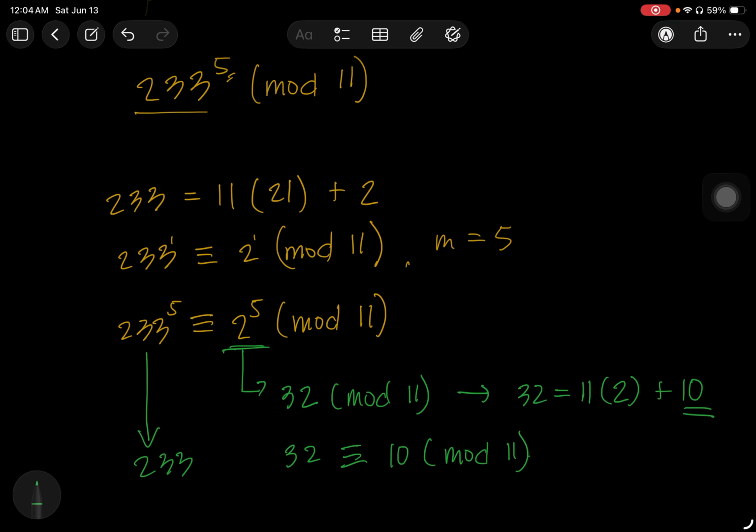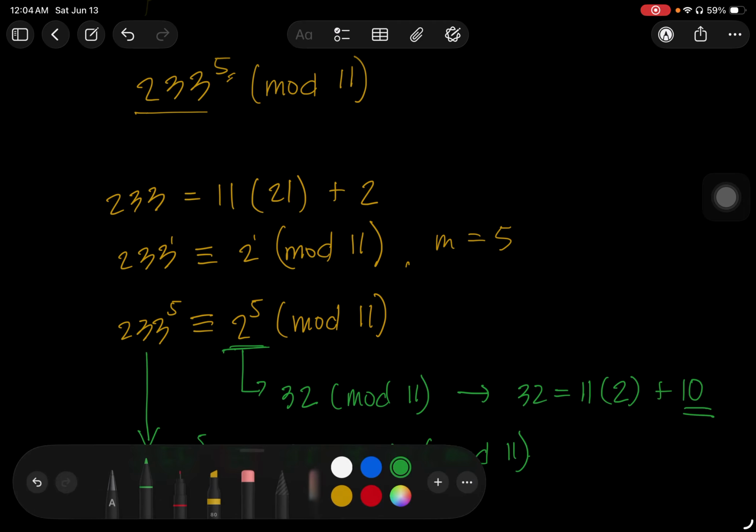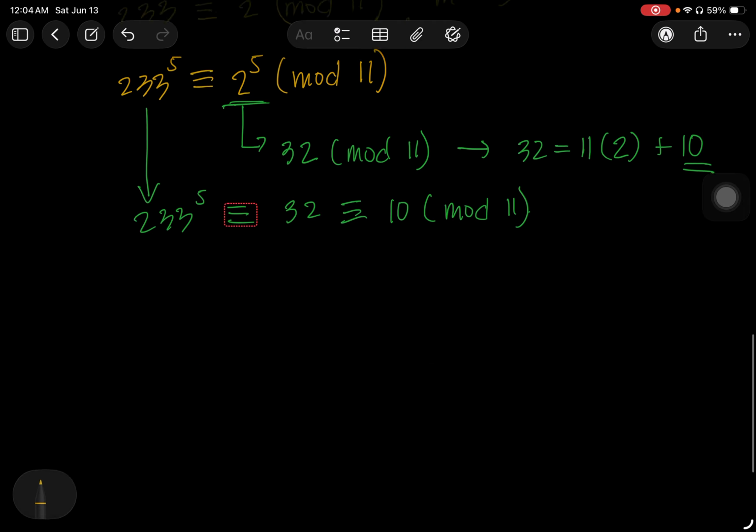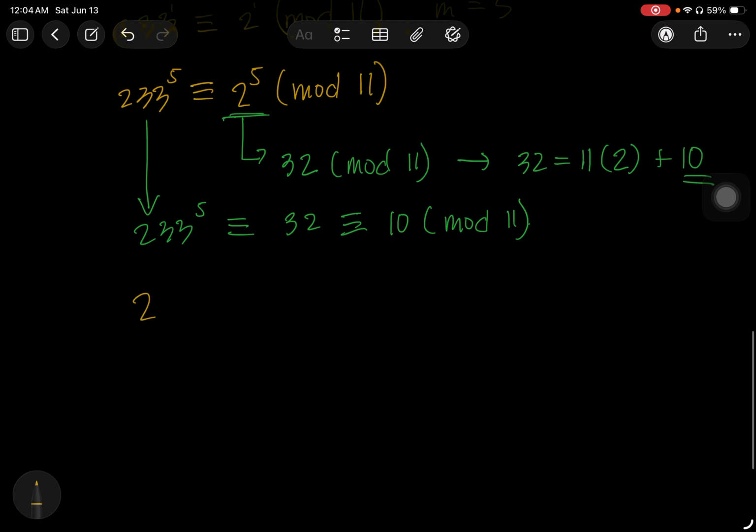So we'll just rewrite this one like that. To write the final answer, 233 raised to 5 is congruent to 10 mod 11. So this is our final answer.